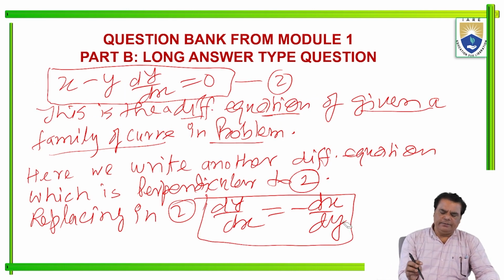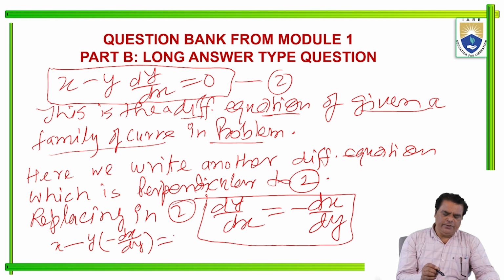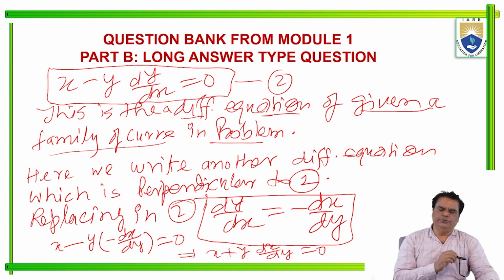Putting this result in equation 2, we get x minus y times minus dx upon dy equal to 0. So now this is x plus y dx upon dy equal to 0.